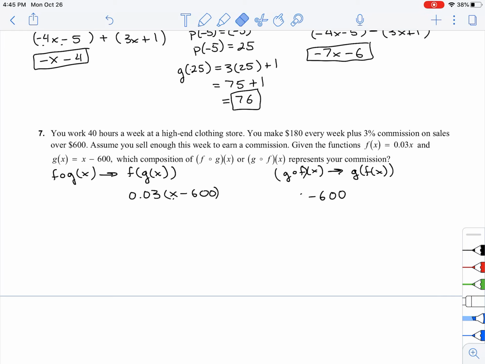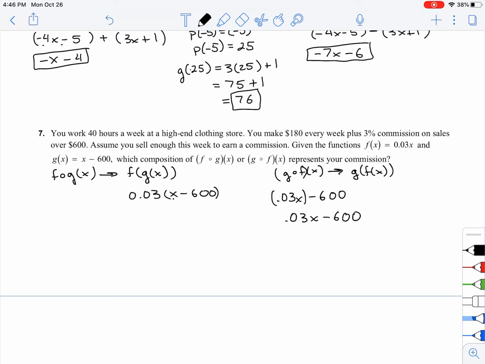And then we're going to put f of x inside of g of x. So if we simplify this, because we really don't need those parentheses, we have 0.03x minus 600. So this says that we make 3% of sales minus 600.